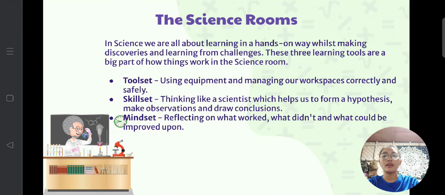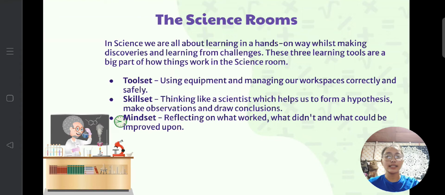So, in science, we are all about learning in a hands-on way whilst making discoveries and learning from challenges. These three learning tools are a big part of how things work in the science room. First is the tool set, using equipment and managing our workspaces correctly and safely.